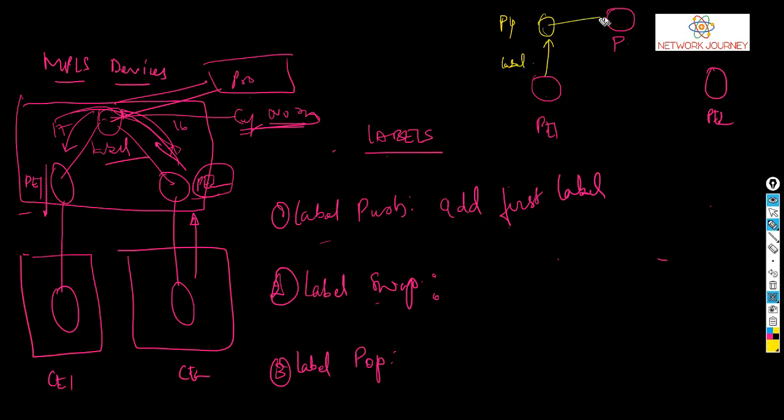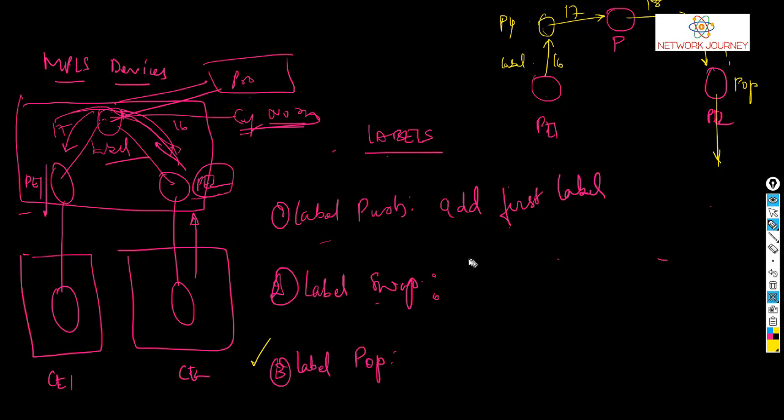Okay, this router is gonna make use of swap. Okay, so let's say 16 swapped to 17, provider is gonna once again swap to 18. Okay, and then finally it's gonna be swapped to 19, and finally this router is gonna pop the labels, which we call as pop, the third one, which is nothing but removing the label.